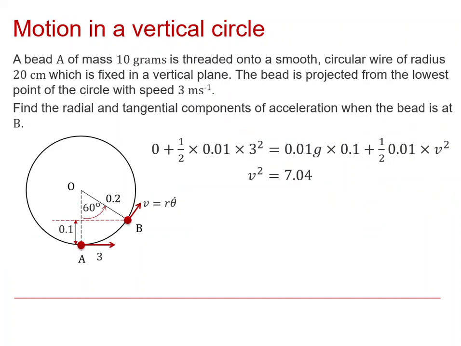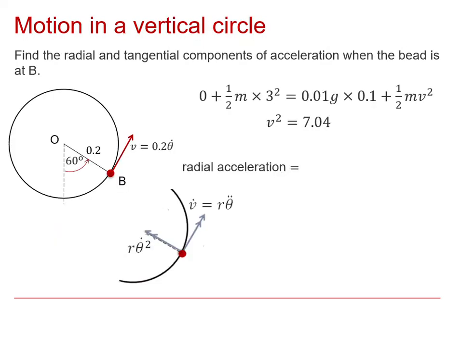So if we go to the following page, that summarizes what we've just worked out. V squared is 7.04. Now we want to go on to find the radial and tangential components. So the radial one first. Now the radial one will use the alternative formulation, which is v squared over r.